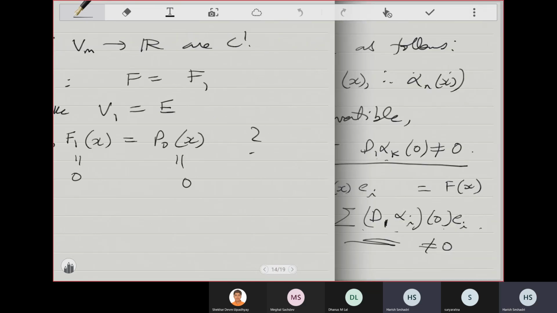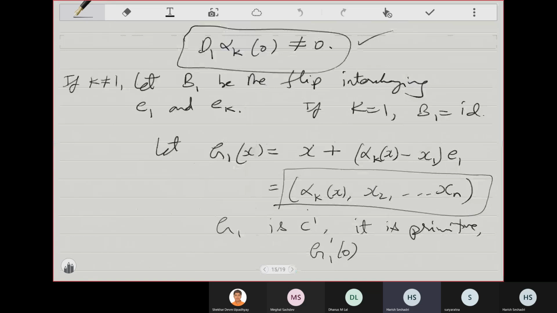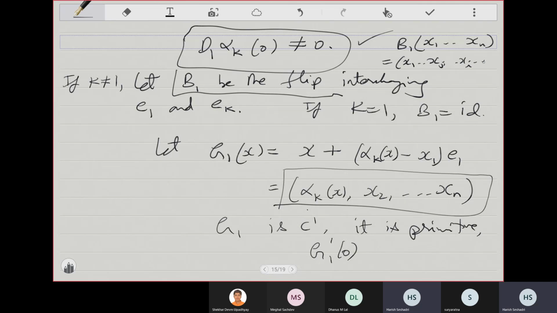where did I define the flip? B1 is the flip interchanging E1 and EK. In terms of formulas, B1 of X1, ..., Xn will be just X1, and so on; if I and J are interchanged, Xj will come here, Xi will come here, and the rest. If I assume I less than J, these will get interchanged.